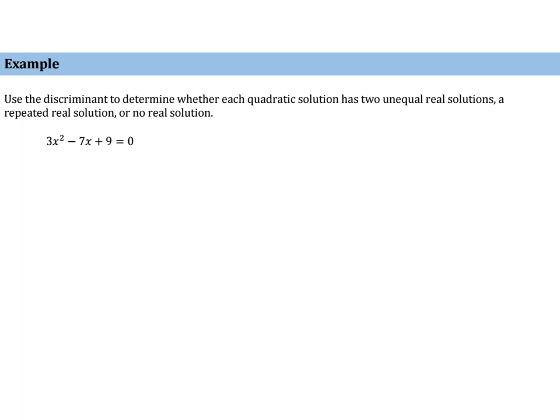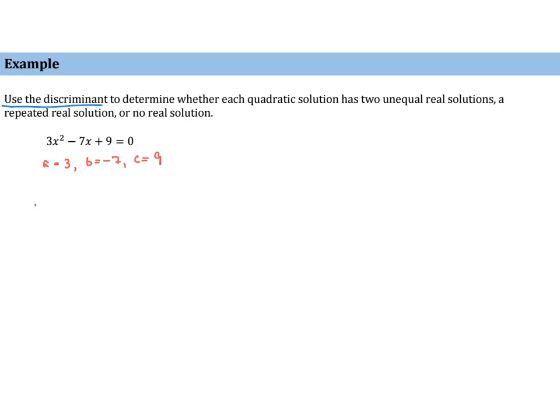Here we are told to use the discriminant to determine the nature of the solutions. So let's identify: a is 3, b is negative 7, and c is 9.